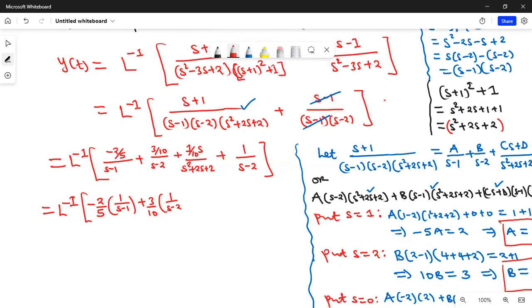So that will give us 13/10. So let me rewrite this. I'll rub this so that I have there 13/10 into 1/S minus 2, then plus 1/10 S over, this one was the same as S plus 1 squared, then plus 1.